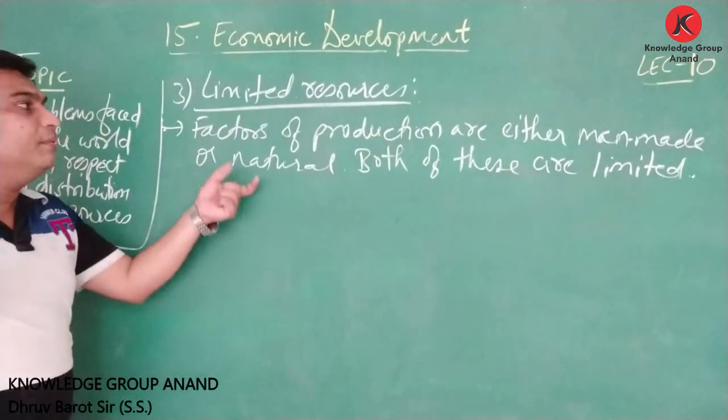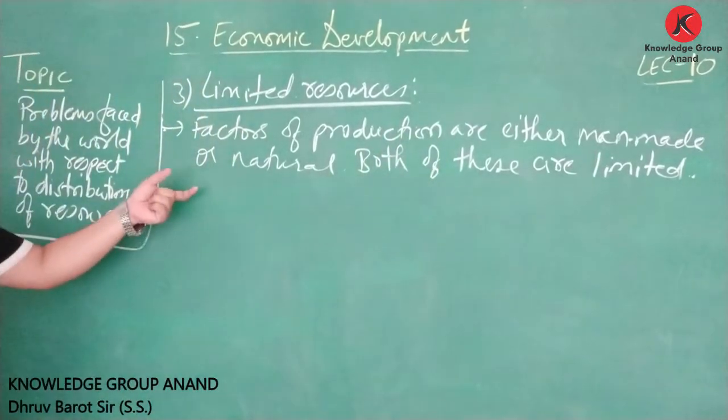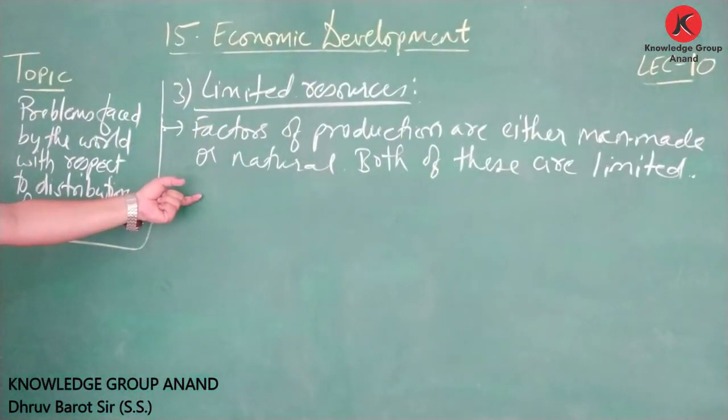Factors of production, that is the resources, are either man-made or natural, but both of them are limited.